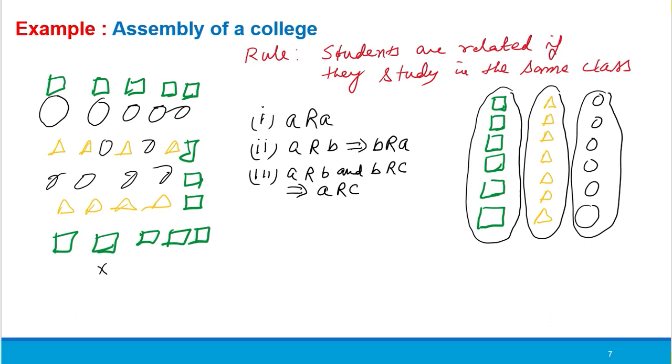This partition set can be represented by this one student. Similarly, this partition set can be represented like this, and this partition set can be represented like this. So one student can represent the whole partition set.